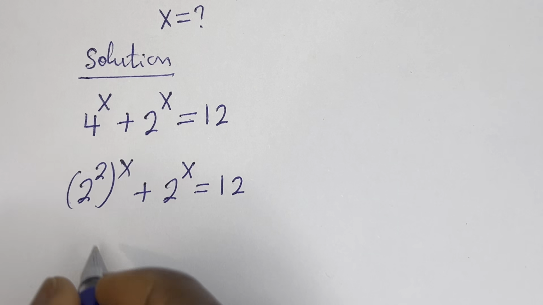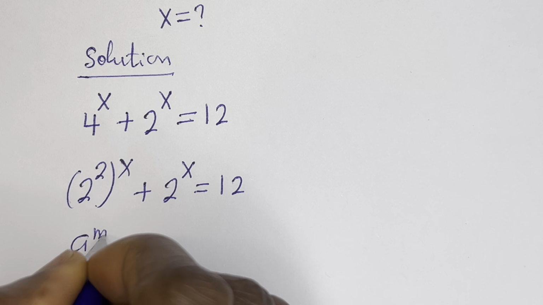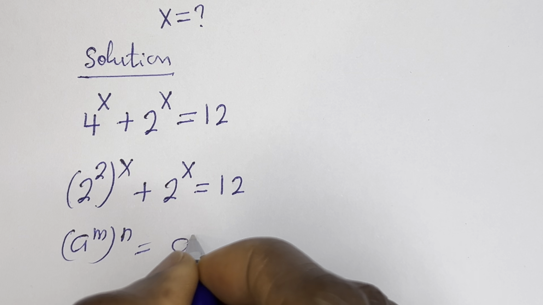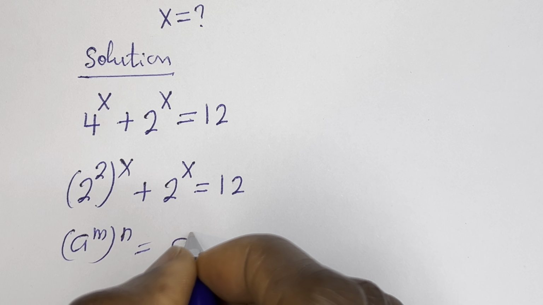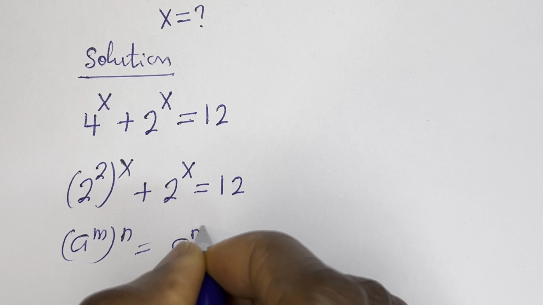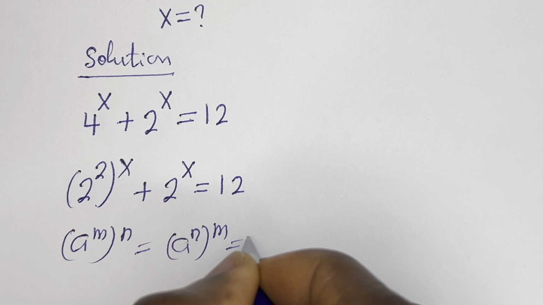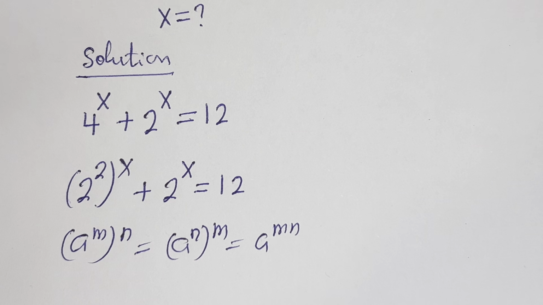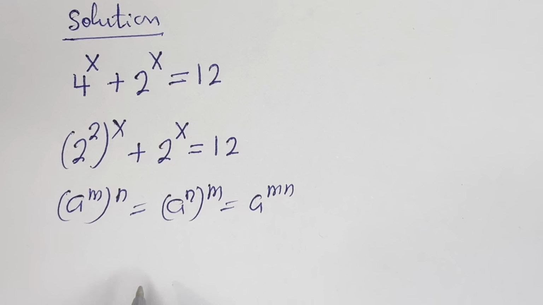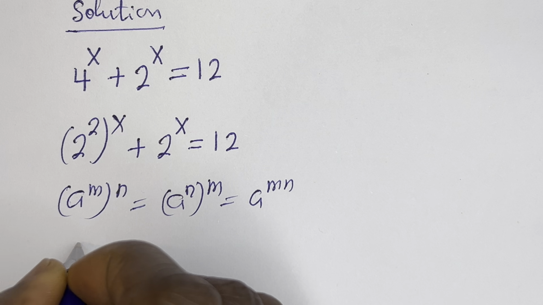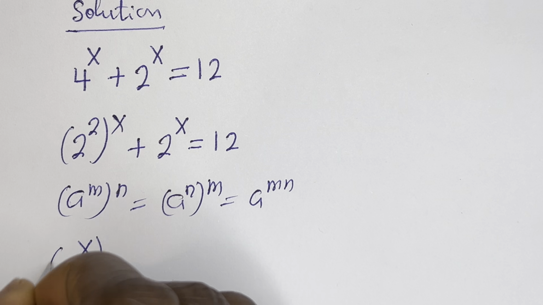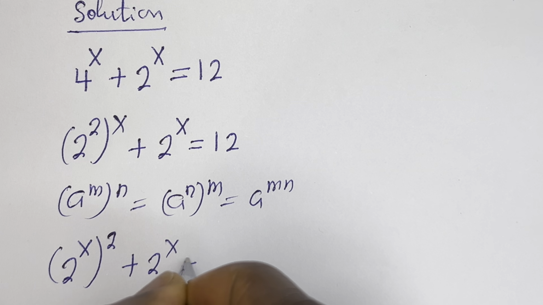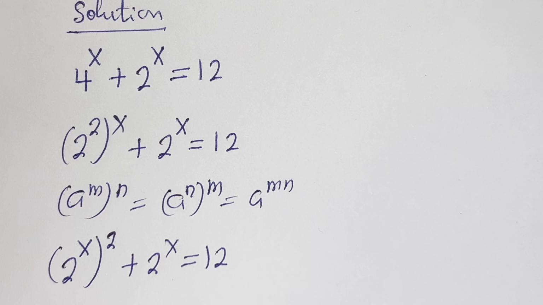Take note of this, that if you have a to the power of m to the power of n, this is equal to a to the power of mn. Then this can be written as 2 to the power of s, squared, plus 2 to the power of s is equal to 12.